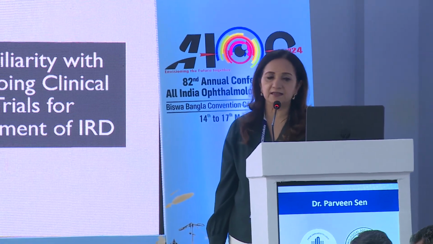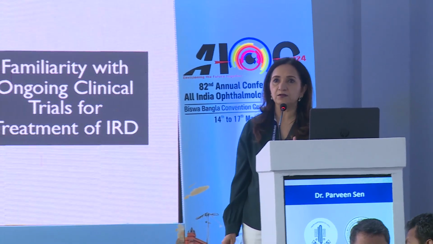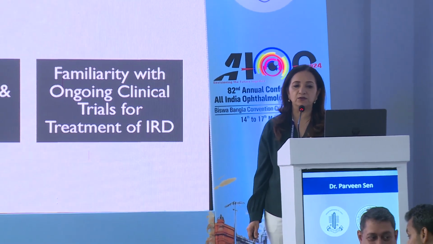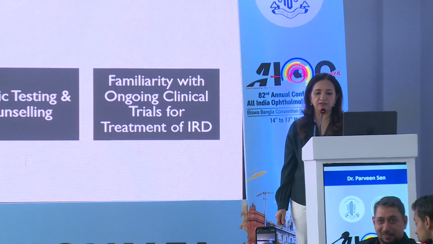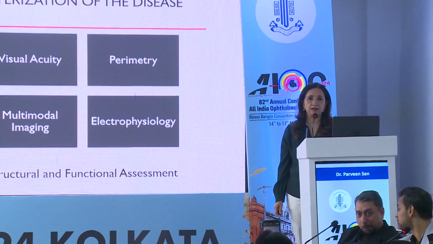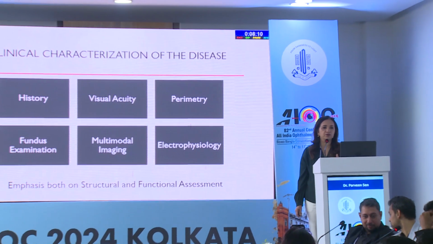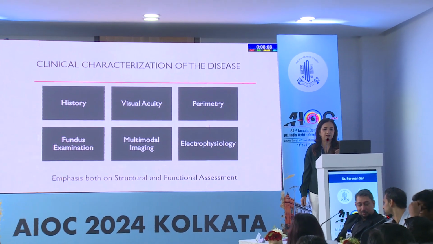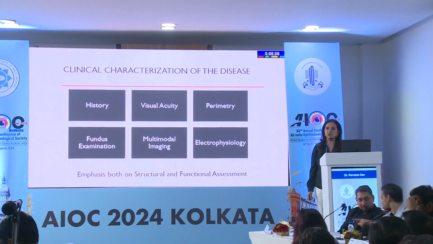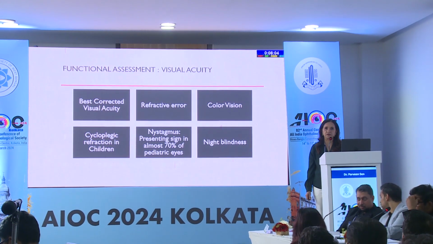The new standard of care for inherited retinal degeneration is early diagnosis and characterization of disease, genetic testing and counseling, and your own familiarity with the ongoing clinical trials and how updated you are with all of these things. So the clinical characterization involves carefully noting down the history, the visual acuity, the perimetry, fundus examination, multimodal imaging, and electrophysiology.